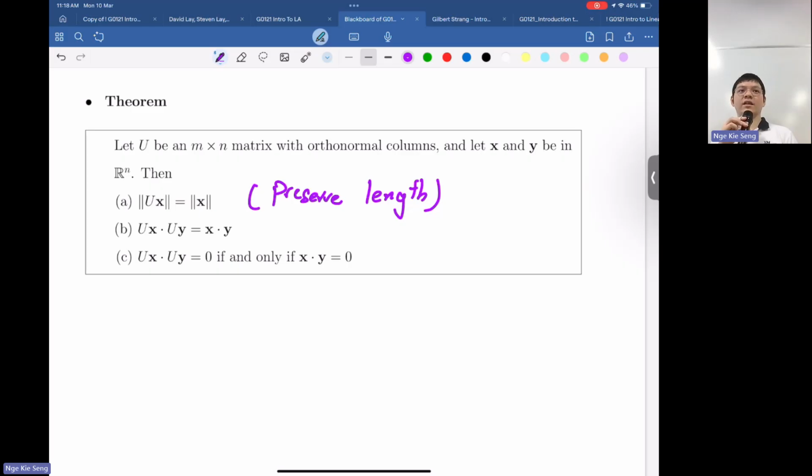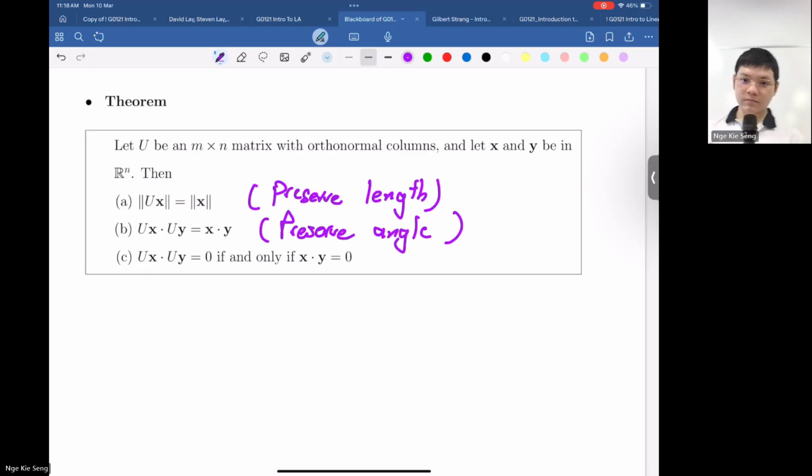So it already preserved the length and the inner product, meaning it also preserved the angle. So you also preserve the angle between two vectors. And Ux dot Uy equals 0 if and only if x dot y equals 0. Why do we specifically mention this? Because x dot y equals 0 means they are orthogonal. So it also preserves orthogonality.